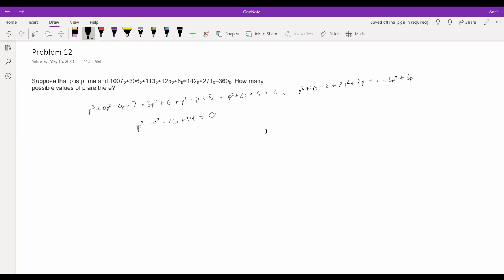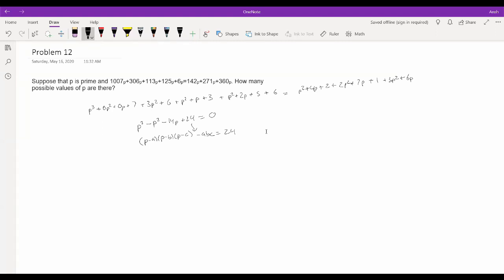But we can use a special property of polynomials, which we'll discuss in a later lecture. Let's say this factors into p minus a times p minus b times p minus c. We can see that the constant term would be equal to negative abc, and that has to equal plus 24.